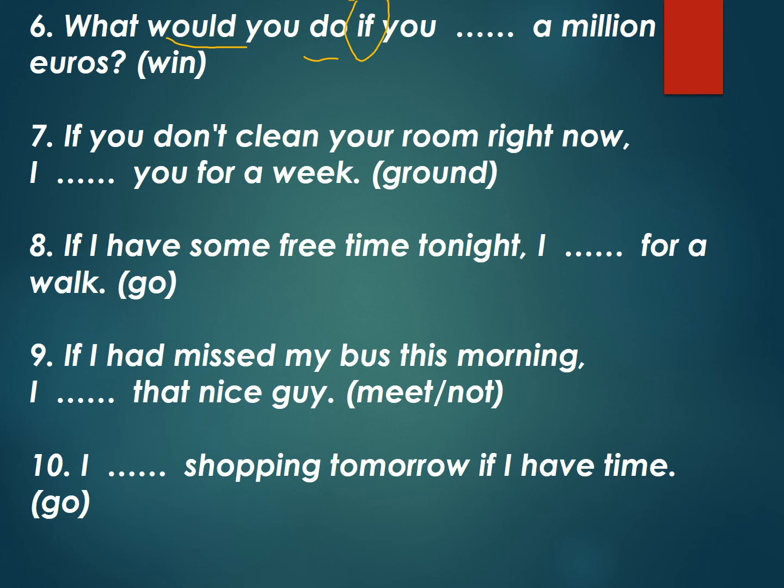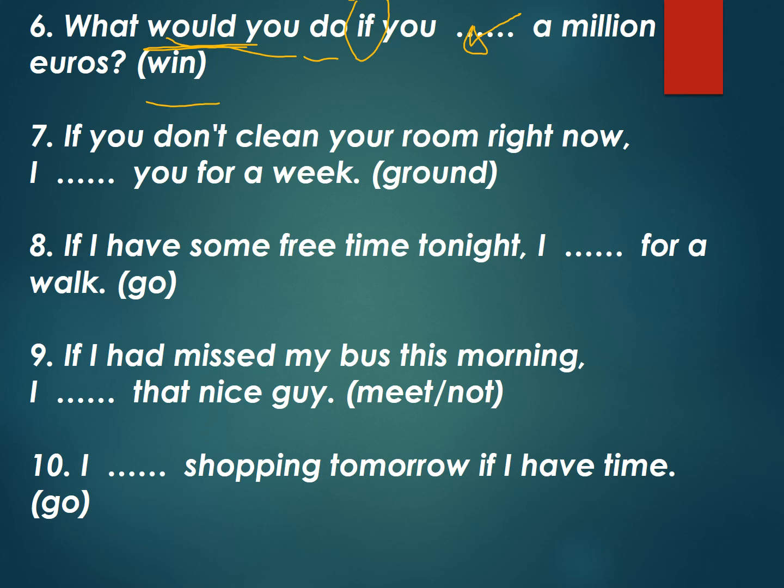Very good. It's the second conditional. If, what is here? Past simple. Very good. And here, would plus infinitive. So put this verb win in the past simple. What would you do if you, what's the past of win? Won. If you won €1,000,000.